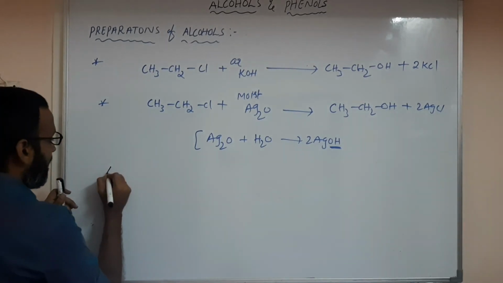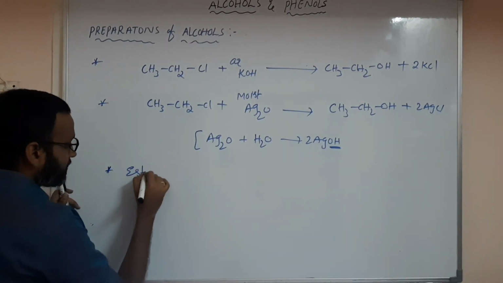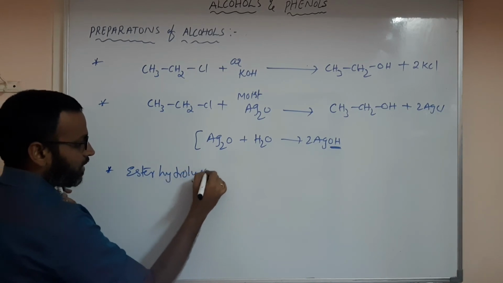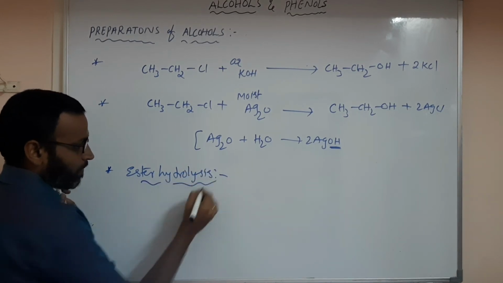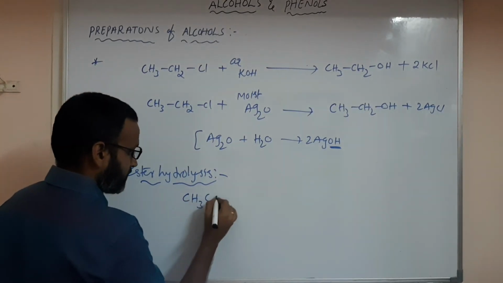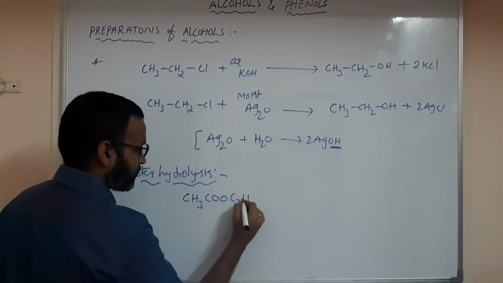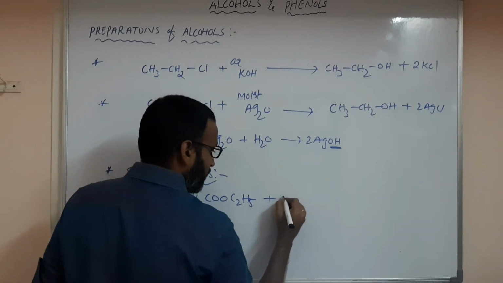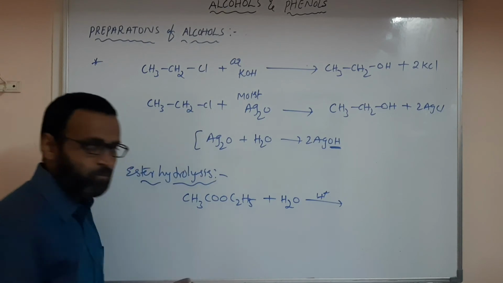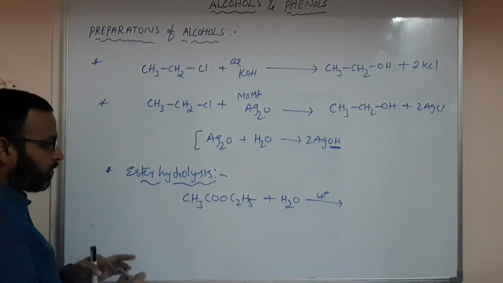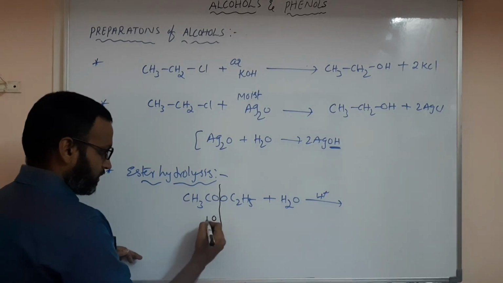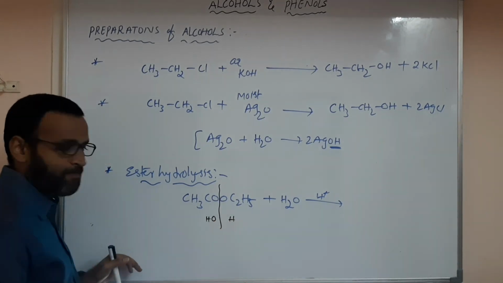This is one. You know ester hydrolysis. In ester hydrolysis, what do you have? Esters like CH3COOC2H5. When you add water in the presence of acid, this will break, with OH here and H here.